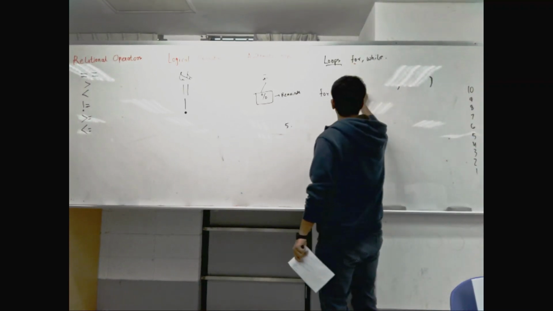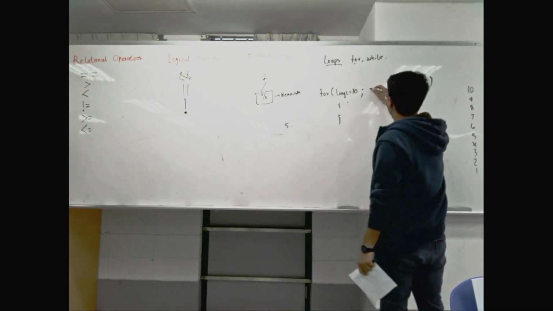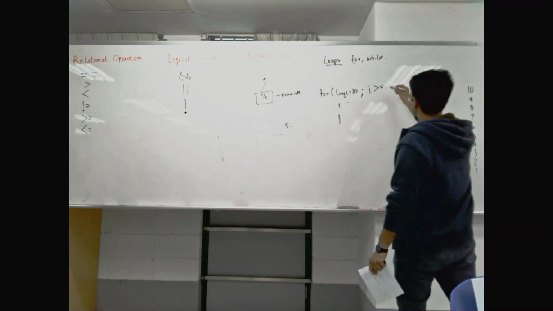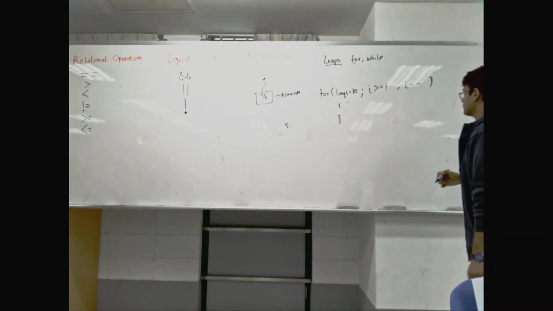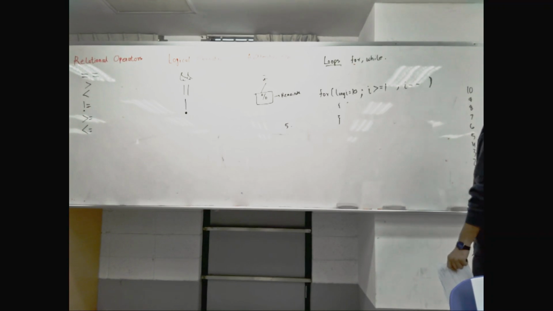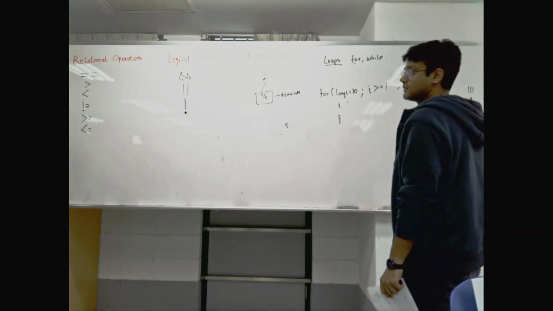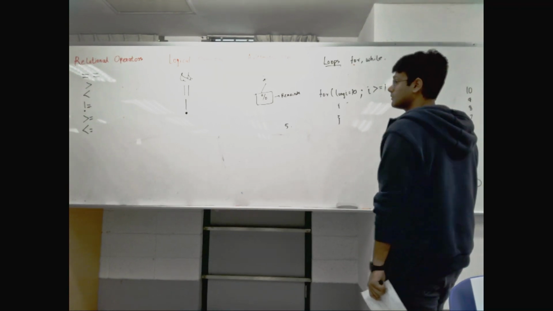I equal to 10. Good. I should be greater than or equal to 1. Good. And I minus minus. Good. What should I change? Greater than or equal to 0.